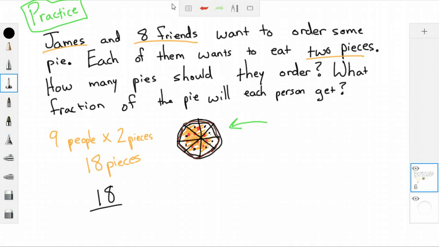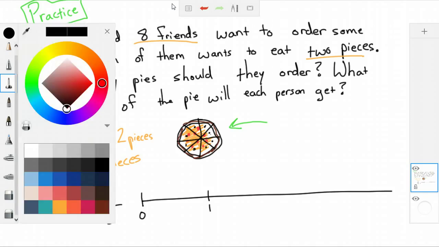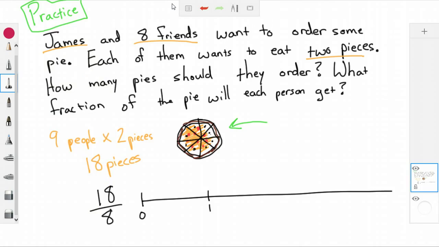That's my denominator, 18 over 8. So now I need to draw out a number line to solve this. Between 0 and 1, I'm going to divide this into how many pieces? Well, let's look at my denominator. I'm going to divide them into 8 pieces.